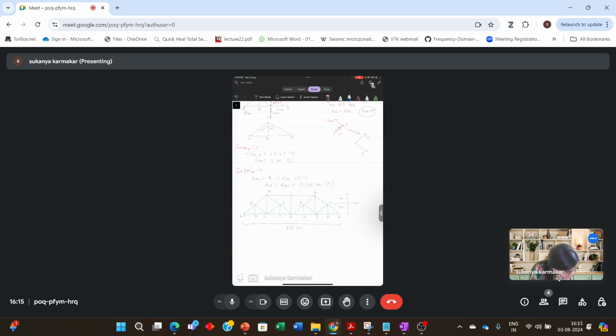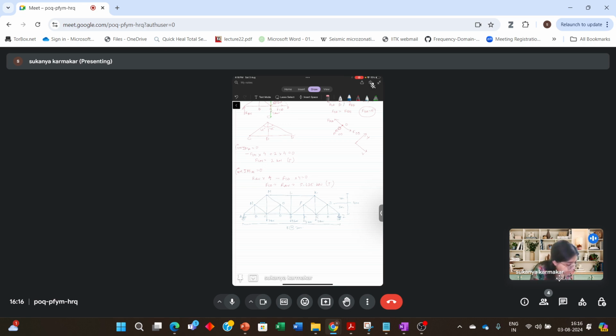This is pin support. This is roller support. At the point C, you have a force of 2 kilonewton. At point E, you have a force of 5 kilonewton. At F, you have a force of 3 kilonewton. At G, you have a force of 2 kilonewton.